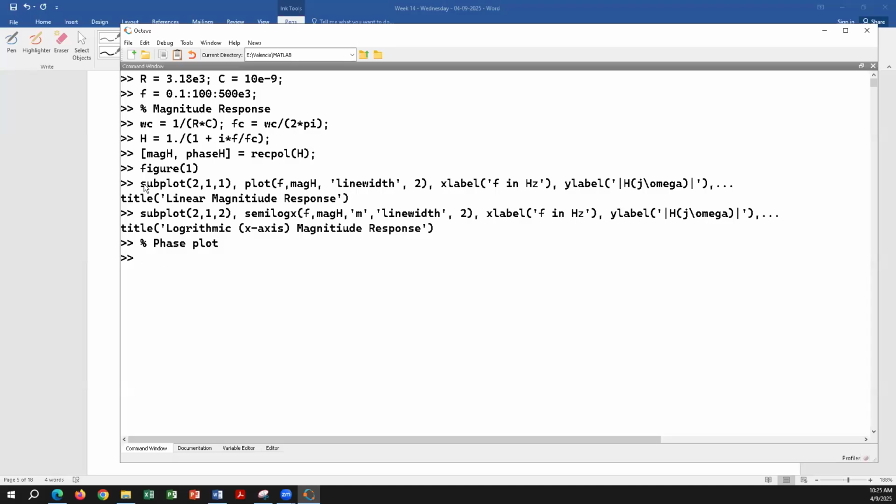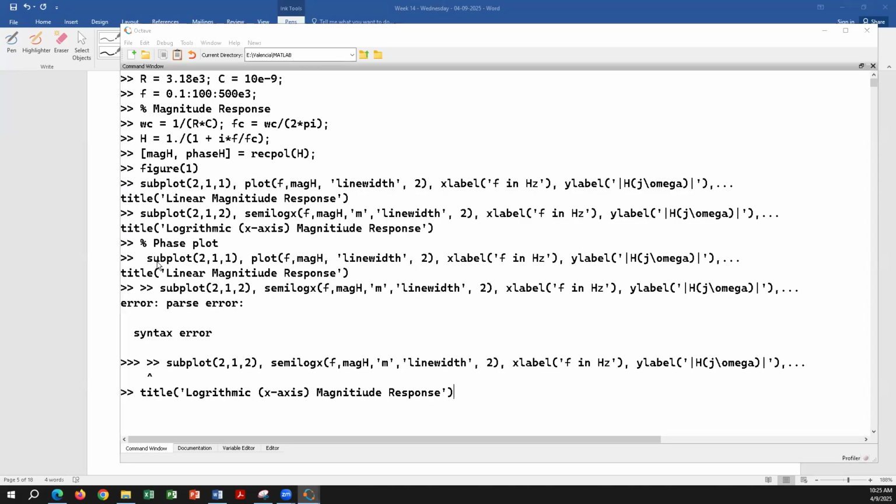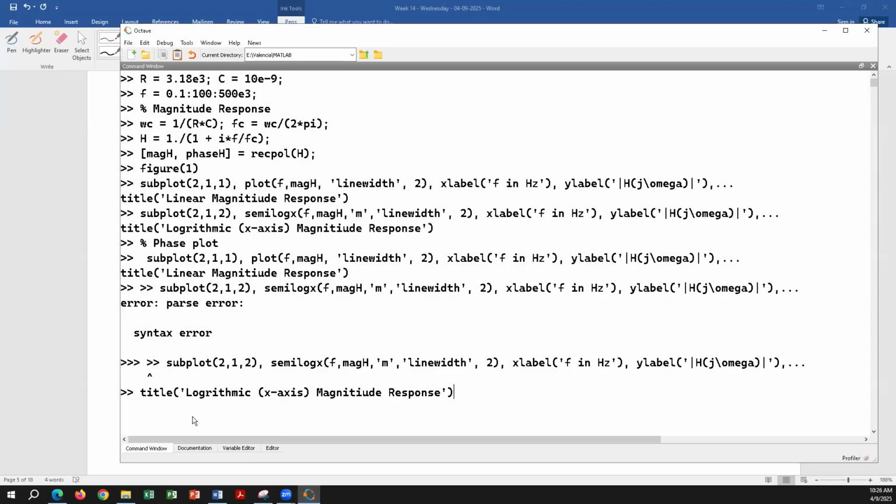I'm going to copy these, Control C, and oh, what happened here? It went ahead and plotted both things. Oh, it didn't plot the other one. Okay, let's go ahead. Control C. Let's do figure.